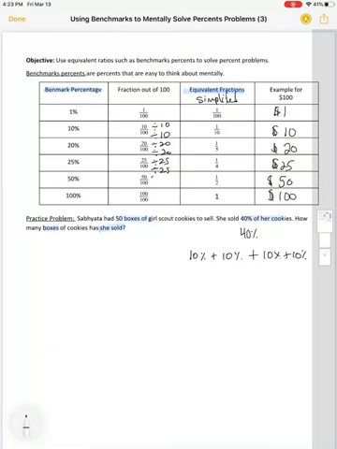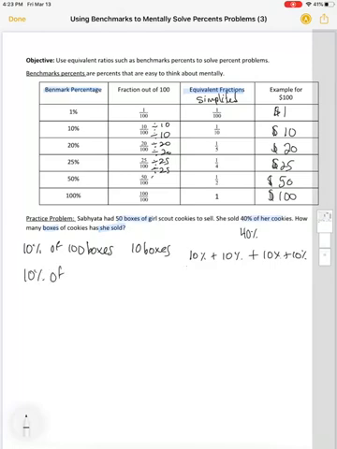So I just need to find 10% of 50 boxes. Well, let's start by saying, what's 10% of 100 boxes? Well, that's 10 out of 100, so it's 10 boxes.